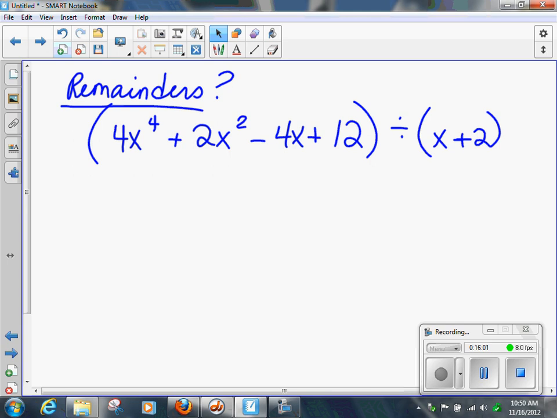We got to put a 0 in there. Why? Because what's missing? The x to the third power is missing. All right, this problem has a twist. The x cubed term is missing.